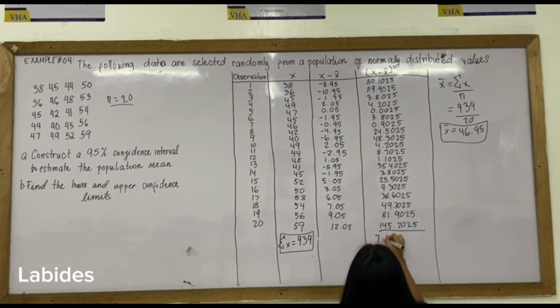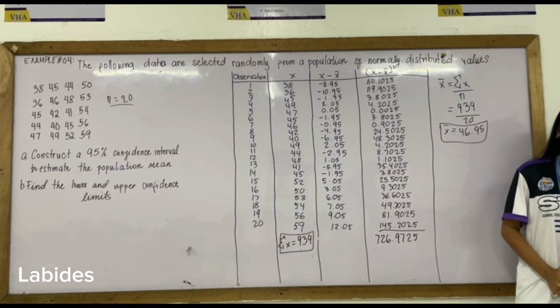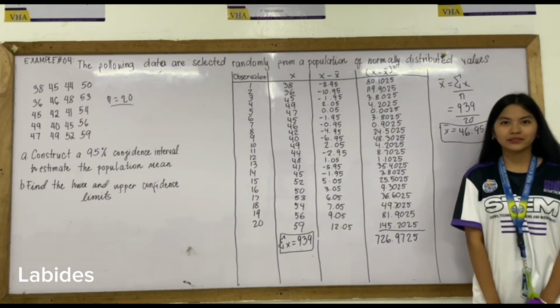we're going to get 726.975. And that is the value of our summation of x minus sample mean squared.